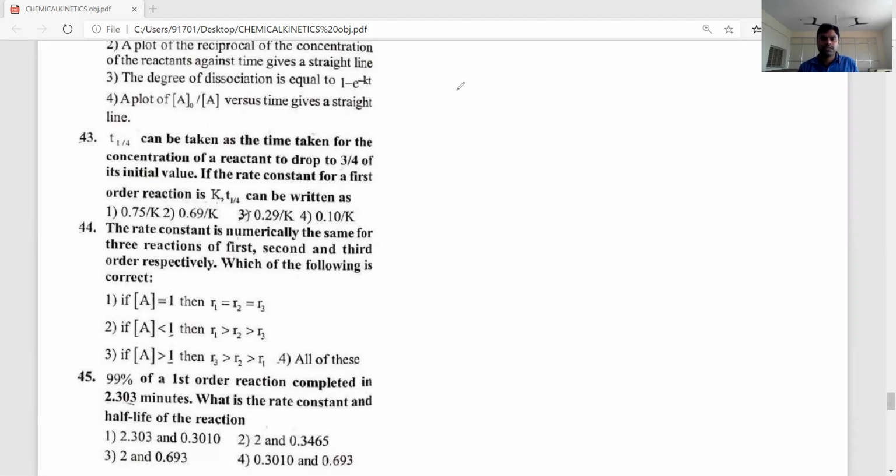See the first order reactions. For the 43rd question, first order reaction, K is equal to 2.303 by T 1 by 4 into log of initial concentration R naught by R, the final concentration of reactants. Then K is equal to 2.303 by T 1 by 4 into log, initial concentration equal to 1, final concentration equal to 3 by 4.